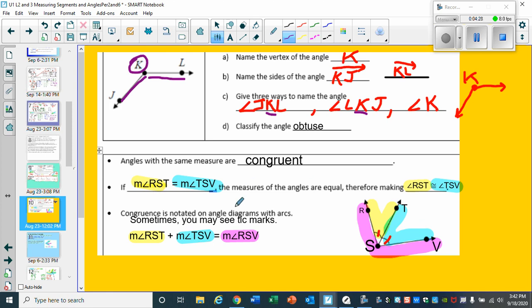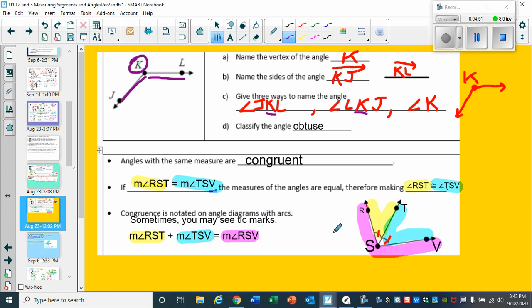Now, sometimes congruence is noted by way of arcs in your diagram. And there might also be a tick mark, hash mark, because in the case there's more than two angles, then we know which angles are congruent to each other.